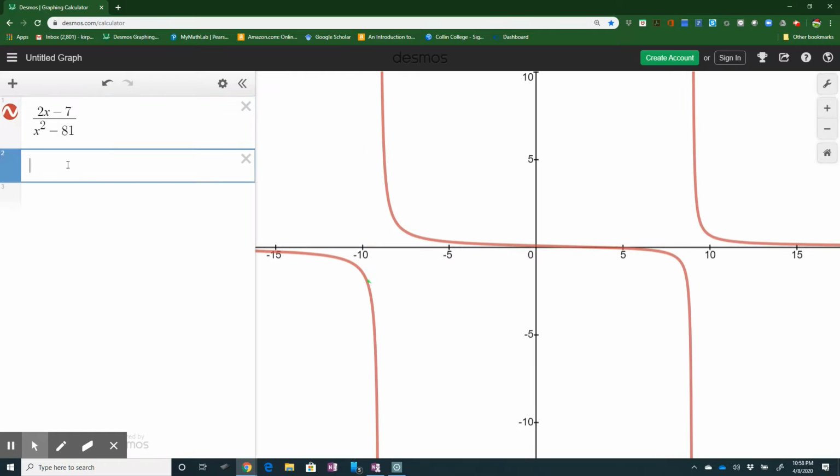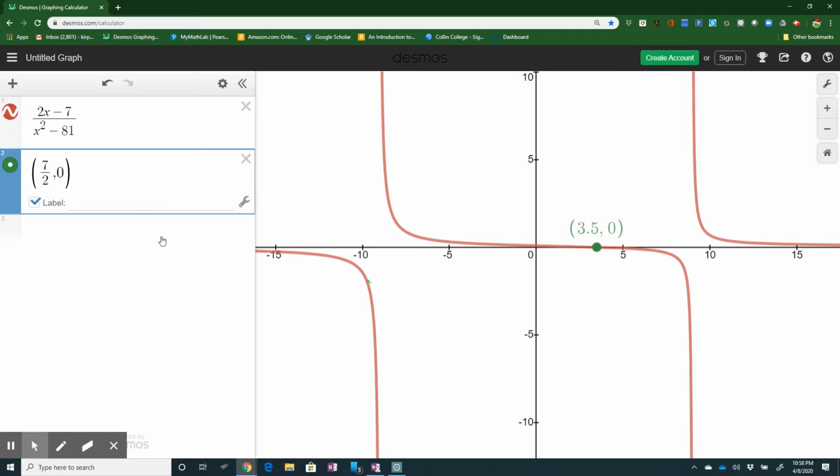Okay, so we said that our intercept was at the point 2, 0. That's right, that's your intercept.